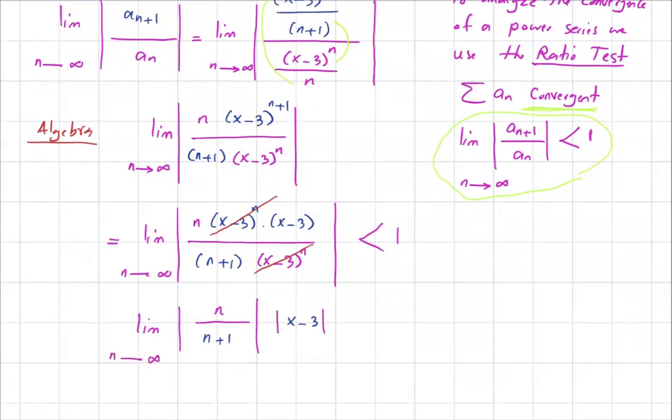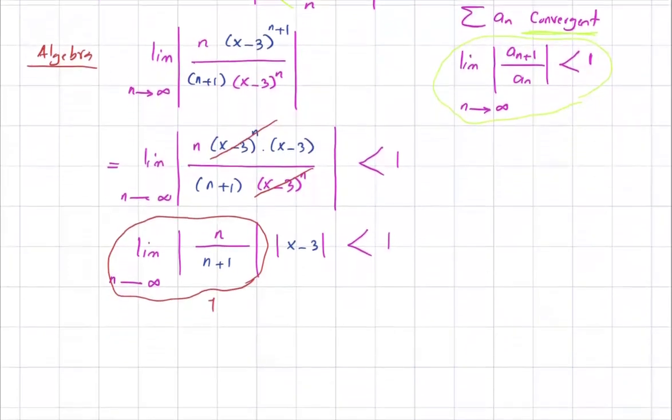As n goes to infinity, this quantity is equal to 1, and at the same time, it must be less than 1 as well. So we end up with 1 times the absolute value of x minus 3 less than 1.